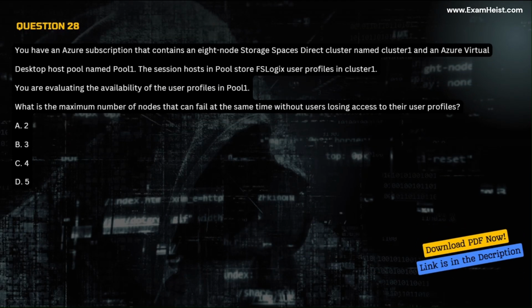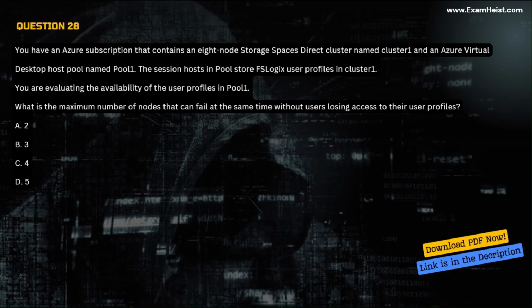Question 28. You have an Azure subscription that contains an 8-node Storage Spaces Direct cluster named Cluster1 and an Azure Virtual Desktop host pool named Pool1. The session hosts in Pool1 store FSLogix user profiles in Cluster1. You are evaluating the availability of the user profiles in Pool1. What is the maximum number of nodes that can fail at the same time without users losing access to their user profiles?